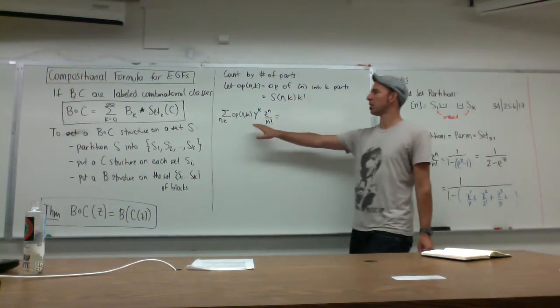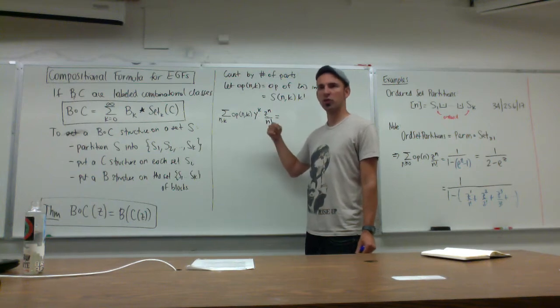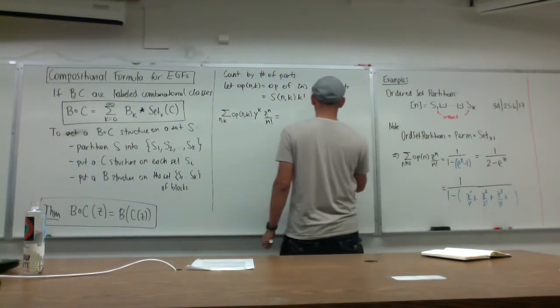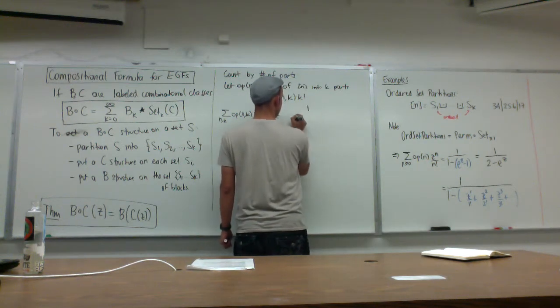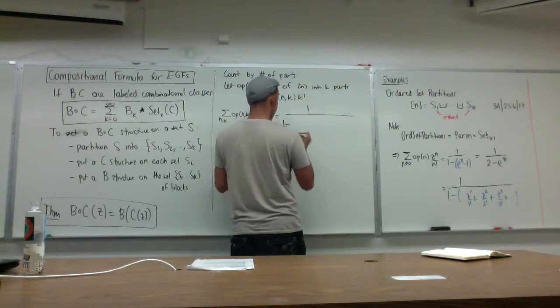I want a particular ordered set partition to get a weight of y to the number of parts. So what I want to do is imitate this, but I'm going to change it a little bit.